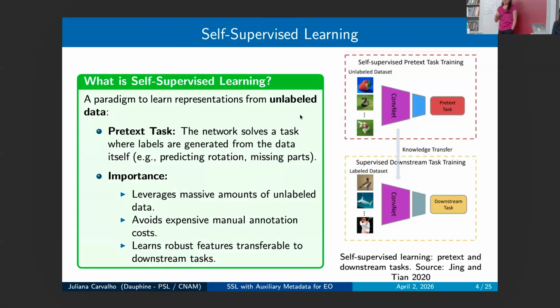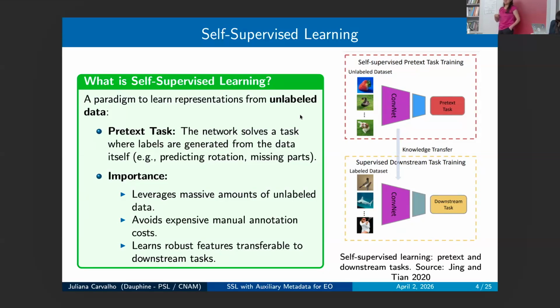And within the contrastive learning framework, we have the concept of self-supervised learning, which is a paradigm that you can use to learn representations from the data without having to count on labels. You have the pretext task, where the goal is to make the neural network learn important features from a set of images by solving a task such as predicting the rotation of an image or predicting the missing parts.